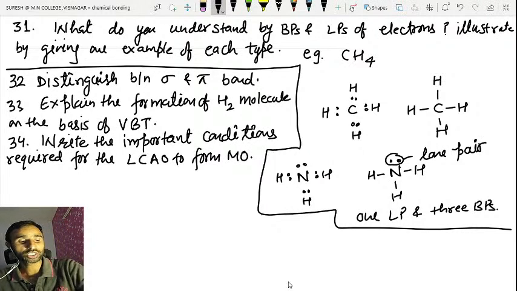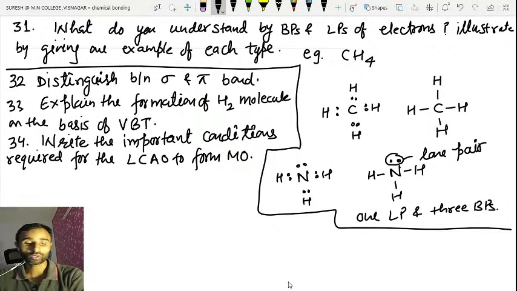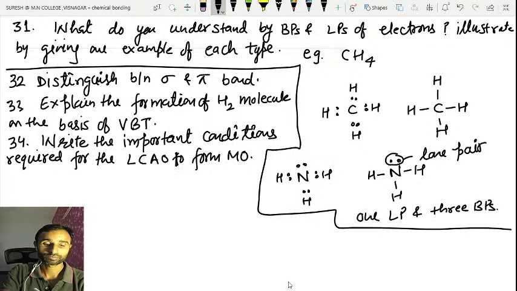What are the important conditions required for the linear combination of atomic orbitals to form molecular orbitals? Yes, tell me.